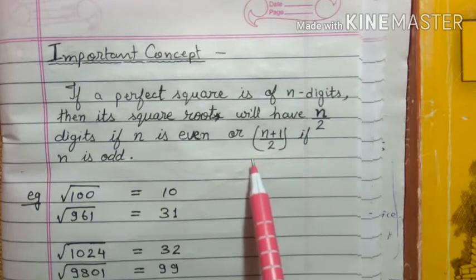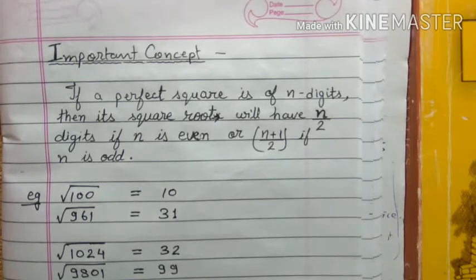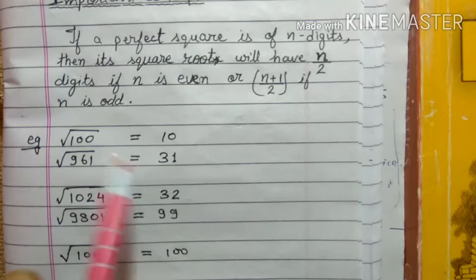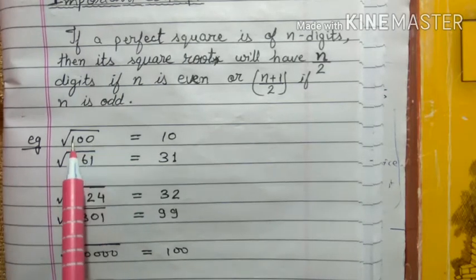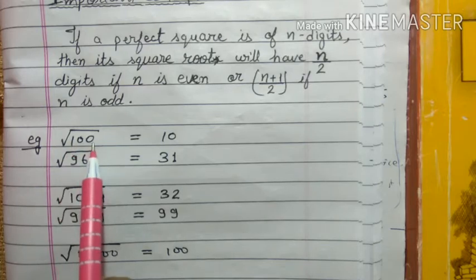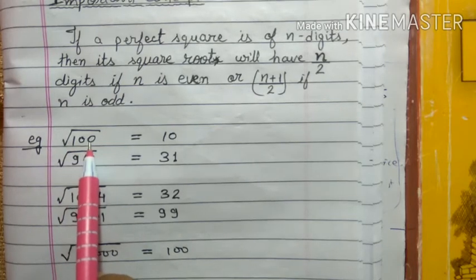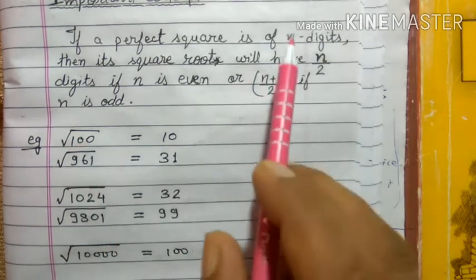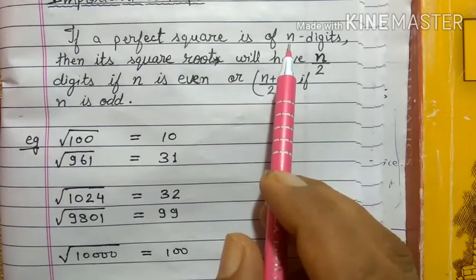Suppose we check with an example. In case of odd numbers, like the square root of 100, how many digits does 100 have? 1, 2, 3 digits. So in this case n is 3, which is odd.